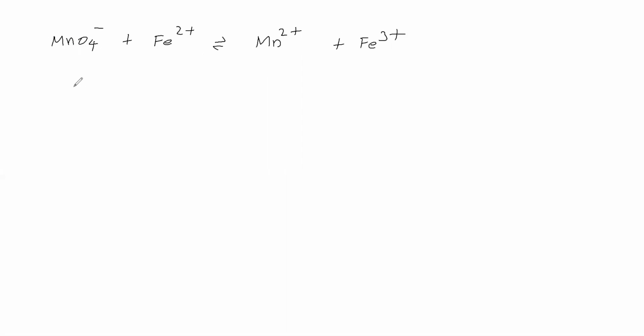How to balance this? We will see. In permanganate, manganese is plus 7, and in Mn plus 2 it is plus 2, so that is a gain of 5 electrons. Fe plus 2 converting into Fe plus 3 is a loss of 1 electron. Now make gain and loss of electrons equal.